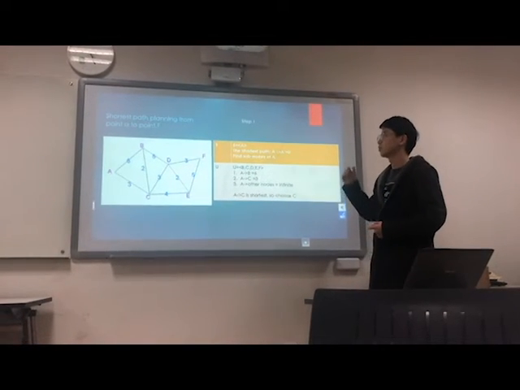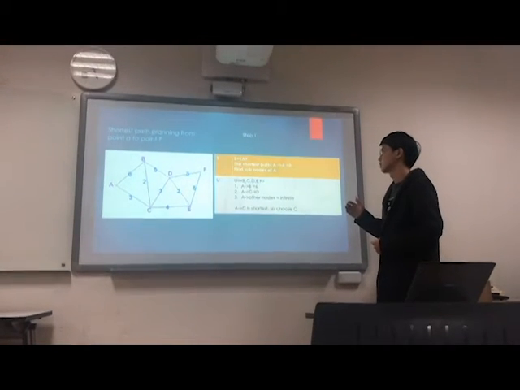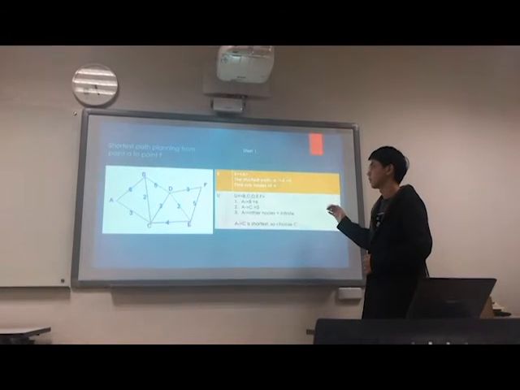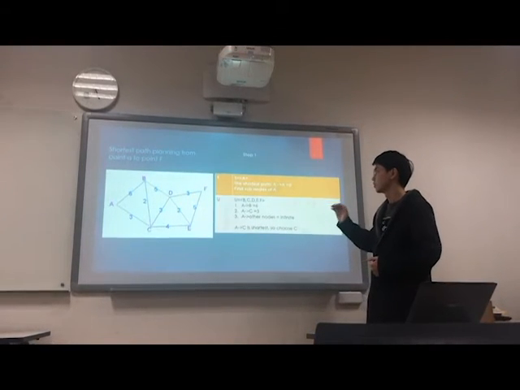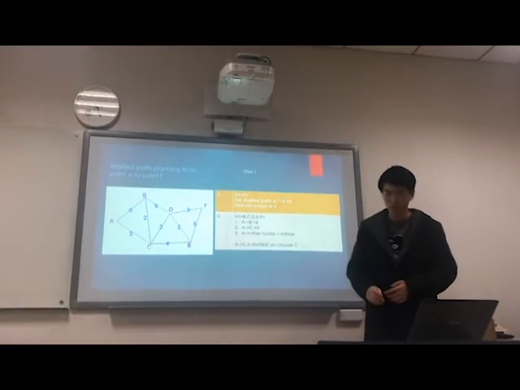The other nodes are not connected to A, so we define them as infinite. We can find that A to C equals 3 is the shortest, so we choose C as the next point.